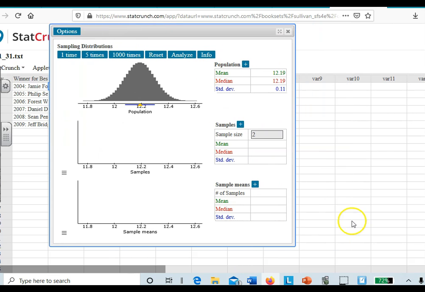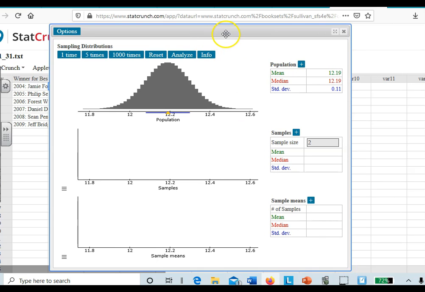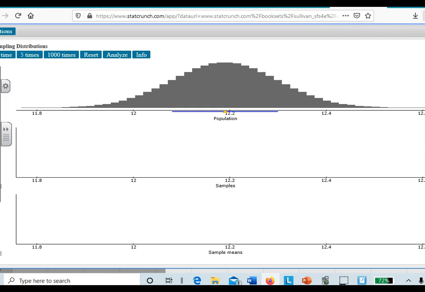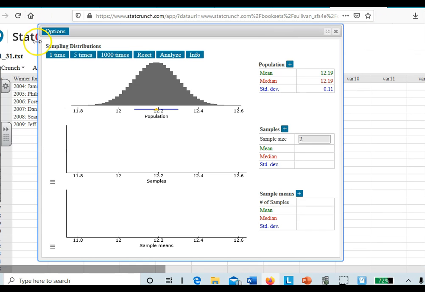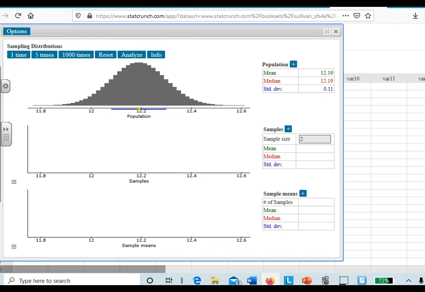All right, so what this does for us is show us what happens when we take different samples. Instead of us having to calculate averages and all that, we're just going to look at what would actually be going on if we took those different samples.